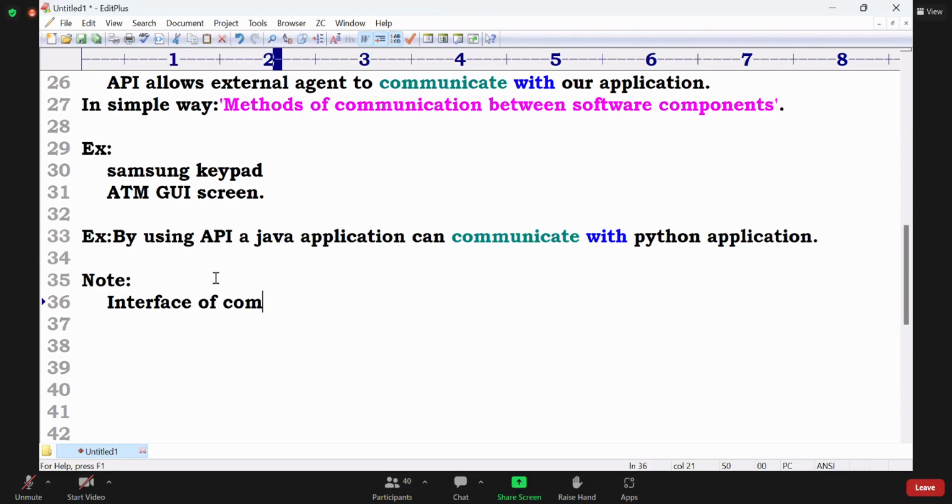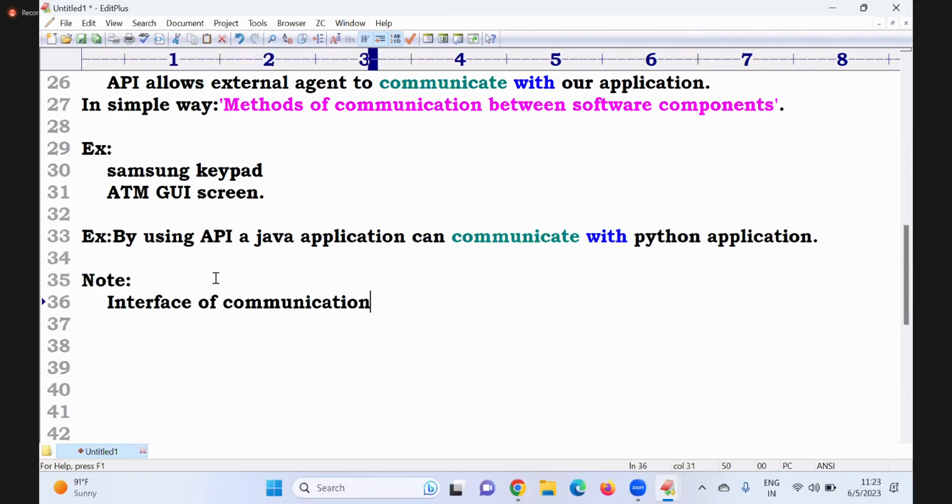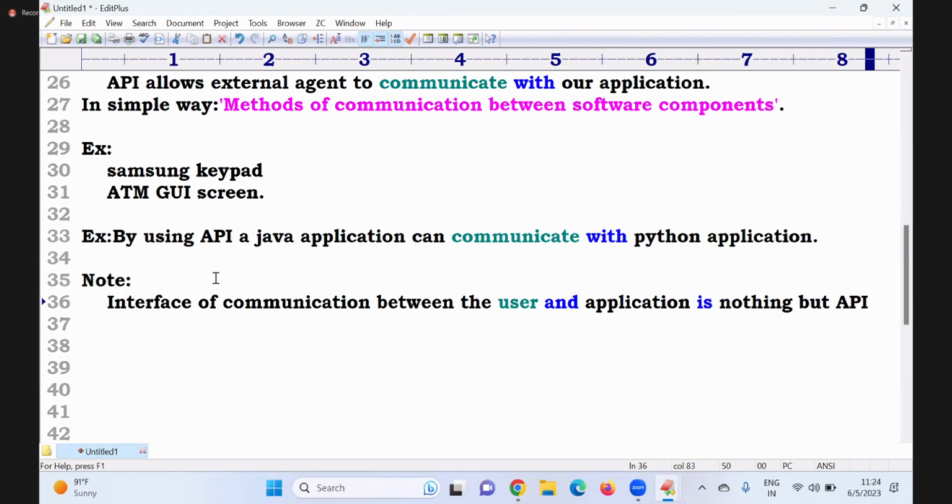The interface of communication between the user and application is nothing but API.